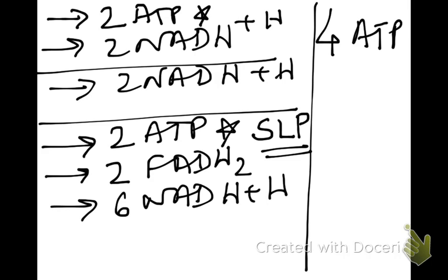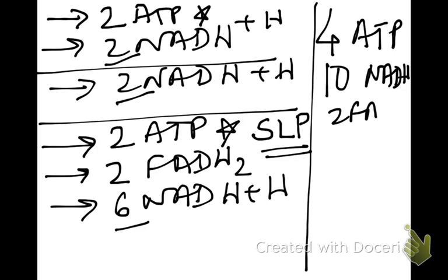Now, how many NADH do I have? 10. That is the 2 here, and 6 here, plus 2 from the intermediate stage. And how many FADH2 do I have? 2 FADH2. Two slides back, I explained 1 NADH is responsible for formation of 3 ATP.